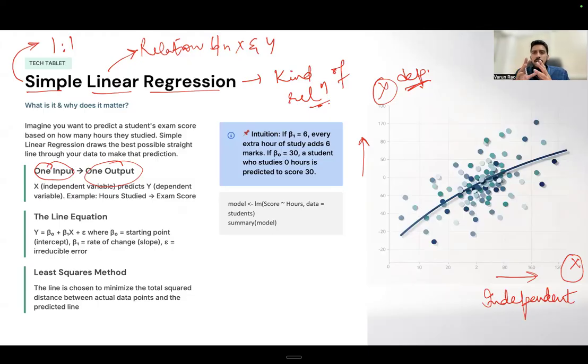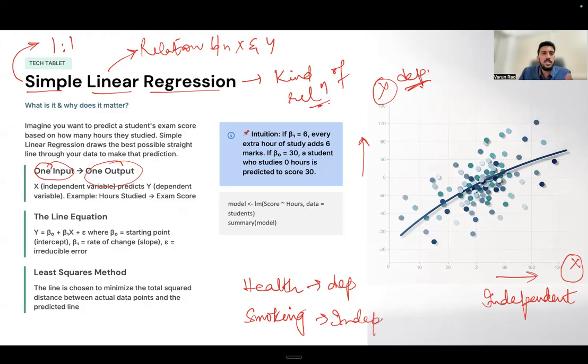Now, what is the difference between independent and dependent? Let us consider two very basic examples. One, is health dependent on smoking or is smoking dependent on health? It is very clear that your health becomes dependent and smoking becomes independent, because based on how many you smoke, we can try to calculate how deep the damage to your health is.